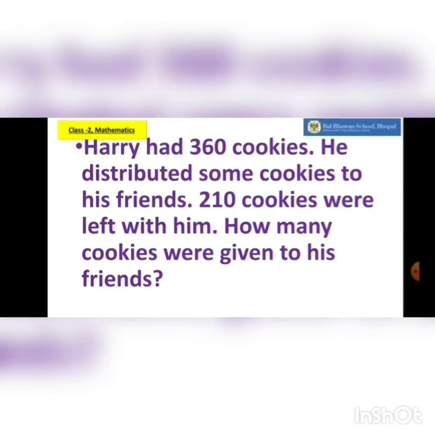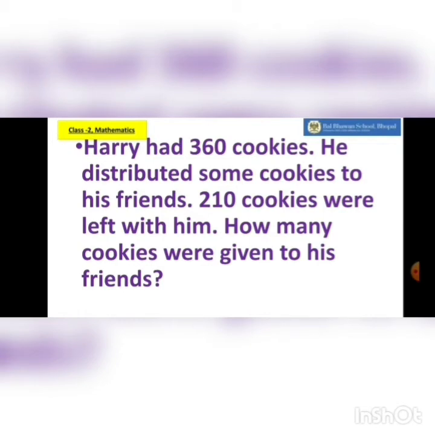When you read a problem, you are again looking for words like distributed and left. So when you see these words, that means you have to minus, subtract. So this information we are getting from it, that the number of cookies is 360, and after giving a few cookies, 210 cookies were left with him.